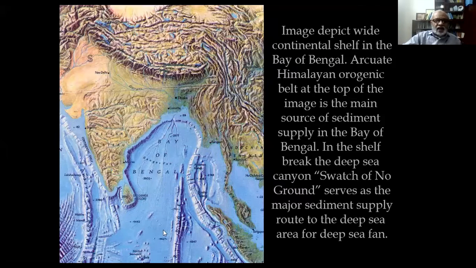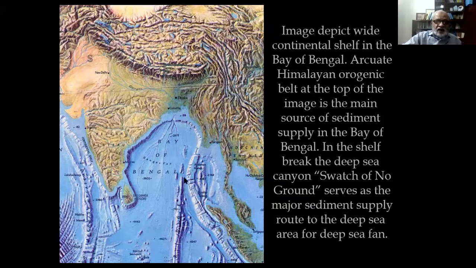But on the other part, there is another ridge which we call the 85 East Ridge. Beyond it, on the eastern side, is the eastern basin of the Bay of Bengal, which is newer than the western basin. The opening of the basin happened as the plate moved from the south to the present position.